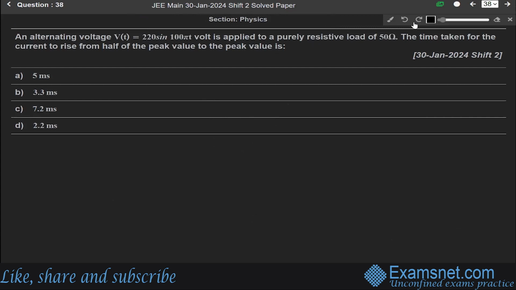Now next question, 38. An alternating voltage V(t) equals 220 sine 100 pi t volt is applied to a purely resistive load of 50 ohm. The time taken for the current to rise from half of the peak value to the peak value. So this question is from the chapter of current electricity. Before solving this question, let us first recall SHM motion.